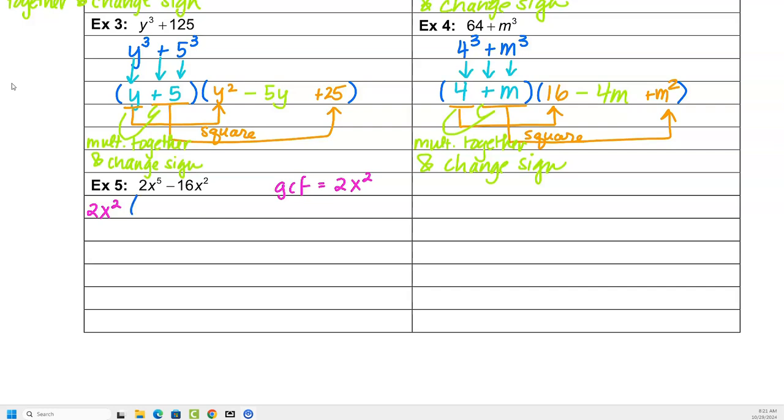And when I factor that out, I'm left with x cubed minus 8. X cubed minus 8. That looks like some difference of cubes, so I'll rewrite this. So 2x squared, and this is x cubed minus 2 cubed. So I'm going to factor that to be big group, small group. Okay, I'll bring down the 2x squared in the front.